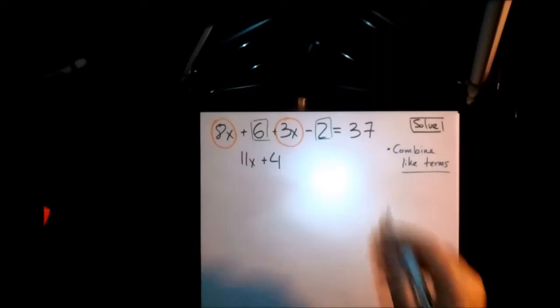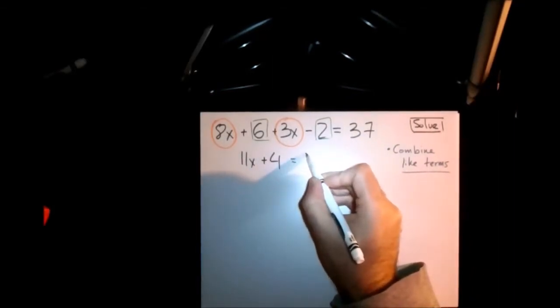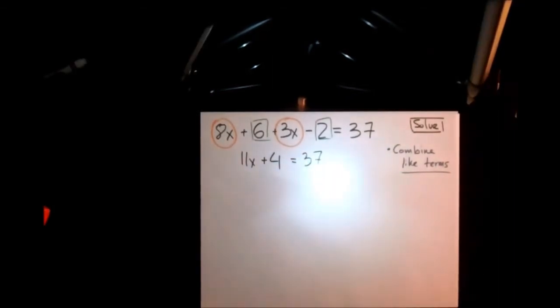Perfect. We still have the equals to 37. Now this should be pretty simple because we just made a two-step equation here. This is a very simple two-step equation where you're going to be isolating for the variable x, and you have two things that you need to do before you isolate it. Get rid of the plus 4, get rid of the times 11.